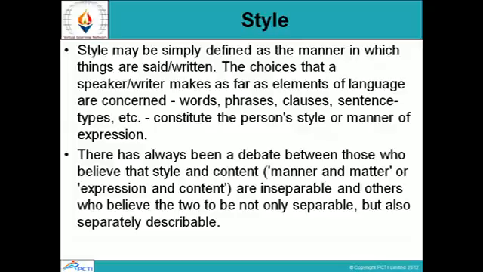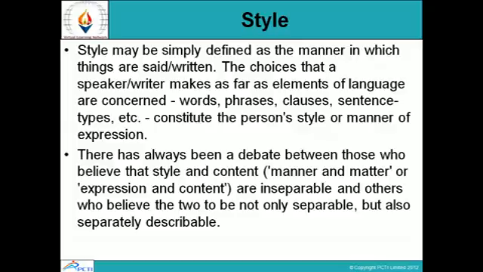There has always been a debate between those who believe that style and content, that is manner and matter, and expression and content are inseparable, and others who believe the two not to be only separable, but also separately describable.